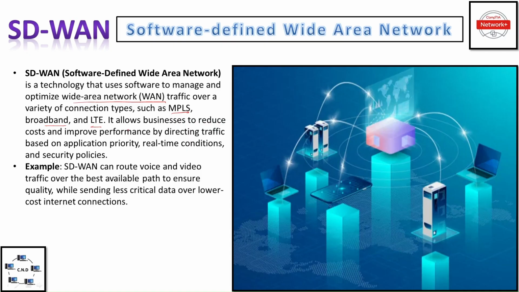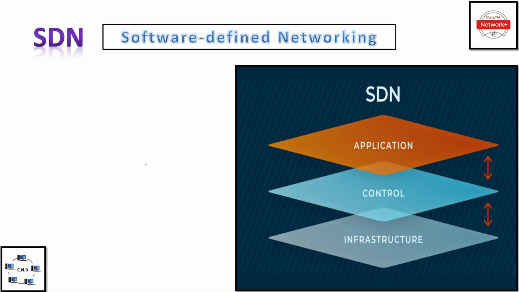It allows businesses to reduce cost and improve performance by directing traffic based on application priority, real-time conditions, and security policies. For example, SD-WAN can route voice and data traffic over the best available path to ensure quality while sending less critical data over lower cost internet connections.